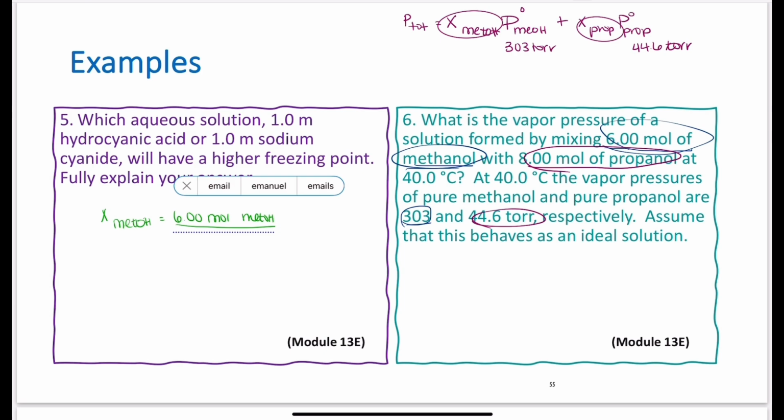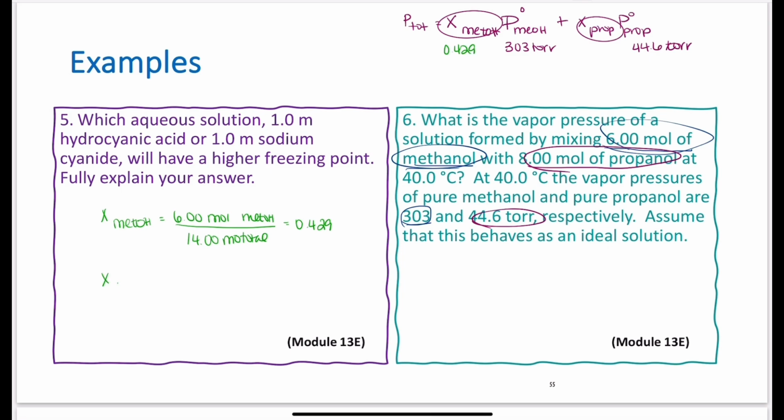Because again, mole fraction is how much do I have of one versus the whole system. 6.00 moles plus 8.00 moles is 14 moles total. This gives me 0.429 for the mole fraction of methanol.